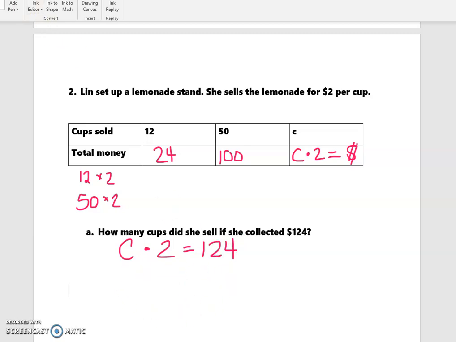Using our knowledge of how to solve this equation, I can figure out what C would equal by using my inverse operation. I want to get C by itself, so I need to get rid of that multiplication. Remember, to eliminate something, we use the opposite, so they cancel each other out, leaving C by itself. And then I would do the same thing to 124, telling me that we sold 62 cups.